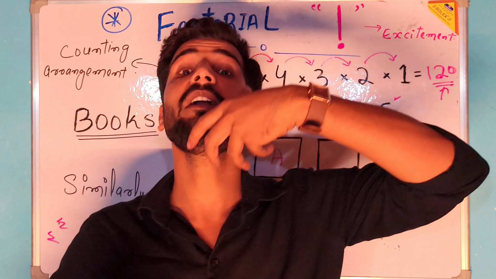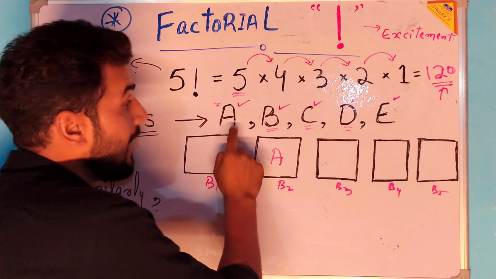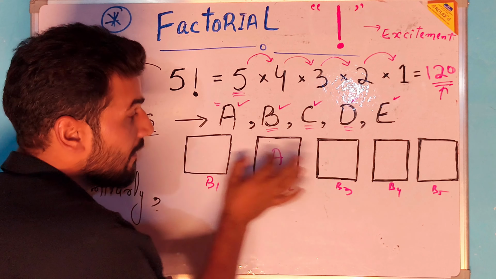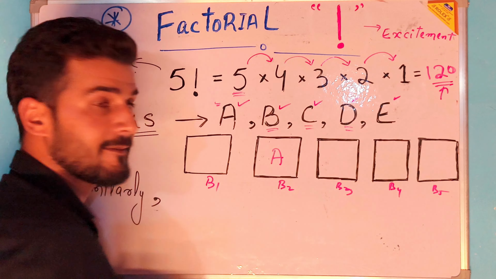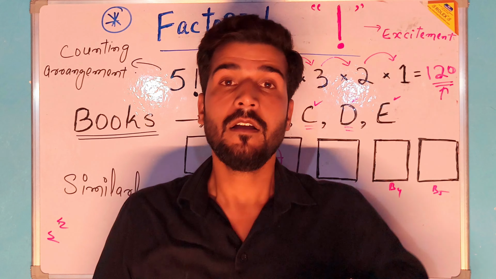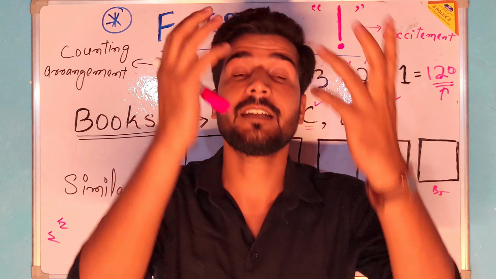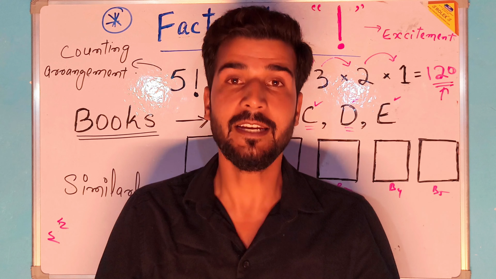There are 120 ways by which we can arrange these 5 books in 5 boxes. This is how we can understand the concept of factorial. This is how we can make a layman understand this concept. Why do we study factorial in mathematics, right?